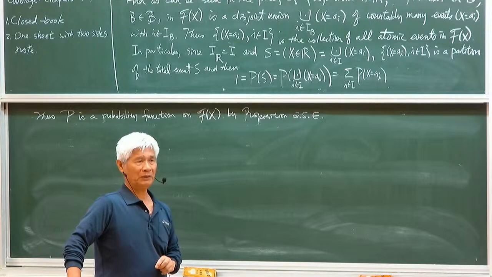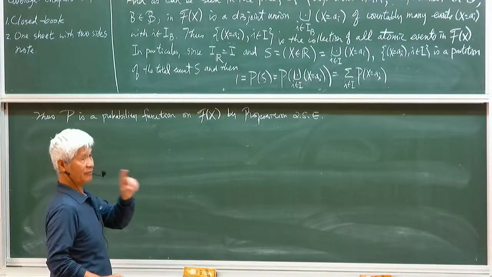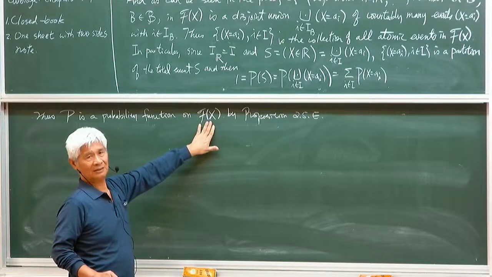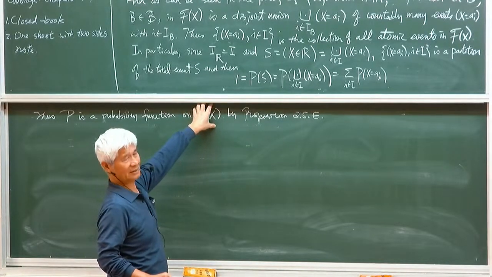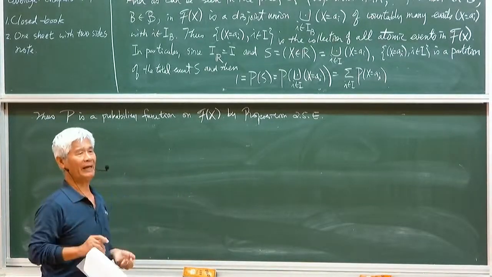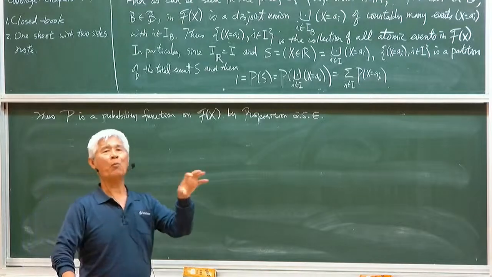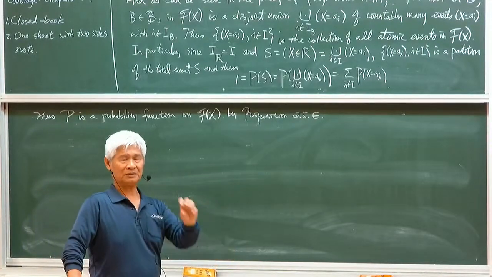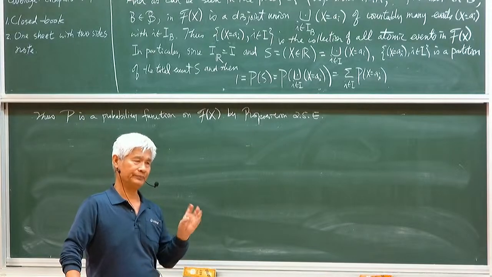But what you can see through a random variable is the event in here. You can only see the events in here, not in the bigger sigma algebra F. You can't see more, because you only describe events by a random variable.